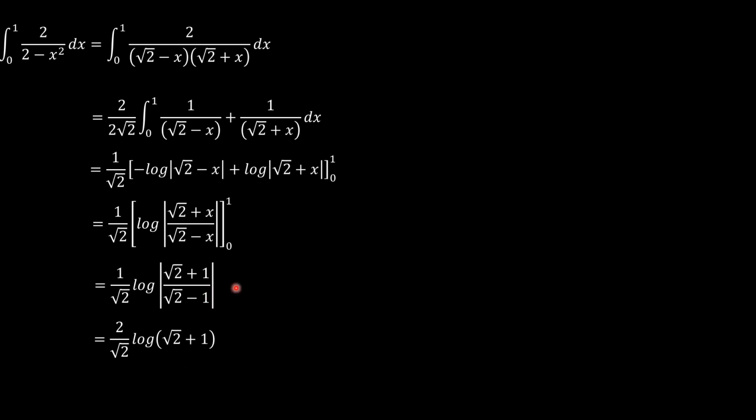Now I decided to take away the absolute value because I assume I'll be looking at only the positive values. And so multiply root 2 in the denominator and the numerator. When you multiply root 2 by root 2 here it becomes 2, and that cancels with the 2 in the numerator, and so you're left with only the root 2 in the numerator. So it becomes root 2 log of square root of 2 plus 1. So that is the answer of the second integral.